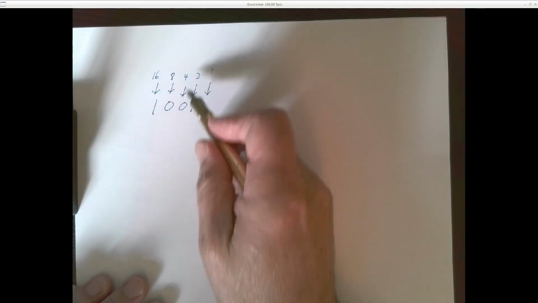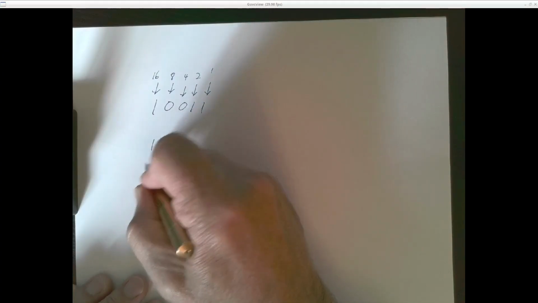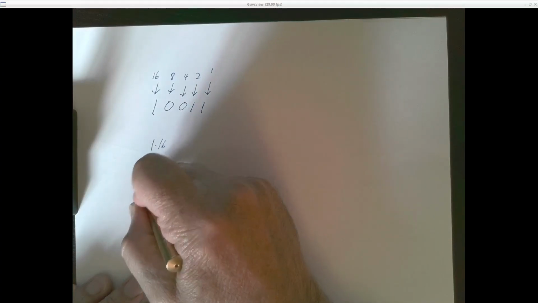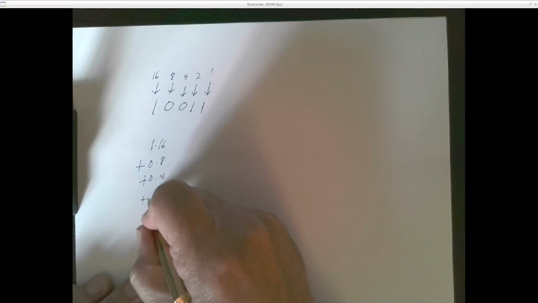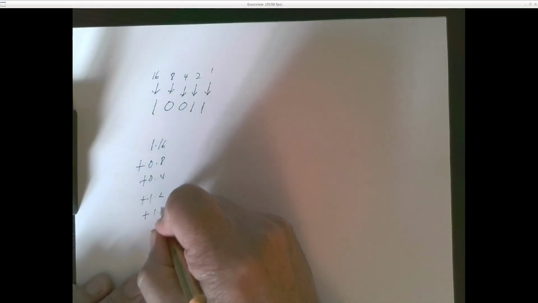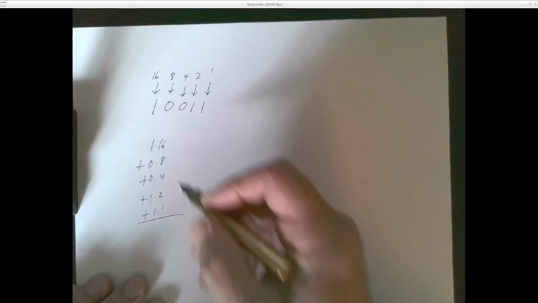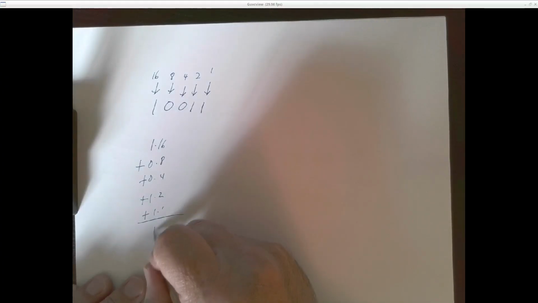So this represents the number 1 times 16, 0 times 8, 0 times 4, 1 times 2, 1 times 1. And so 16 plus 2 is 18 plus 1. This is the number 19, what we think of as 19 written in decimal.